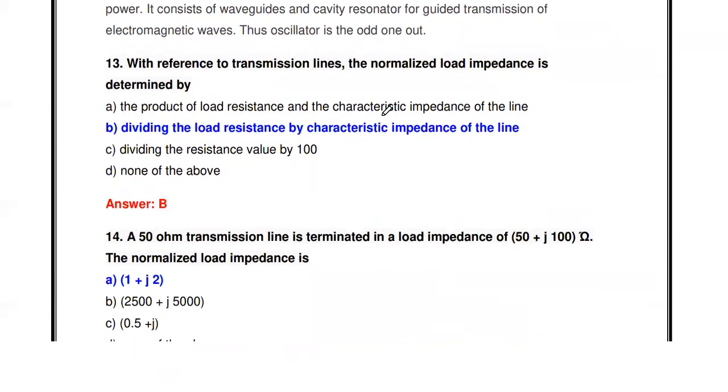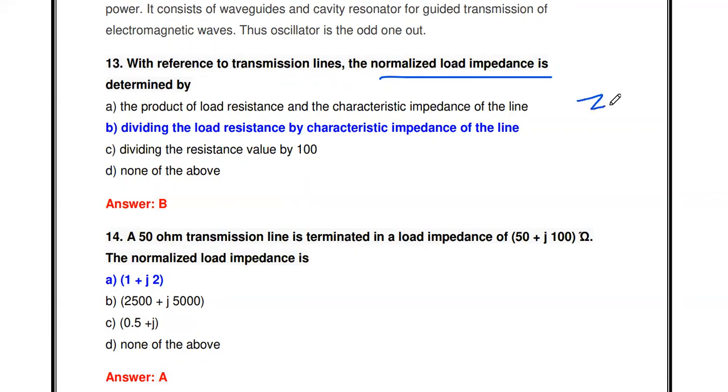Okay. The next one: with reference to transmission line, the normalized load impedance is determined by dash. What is meant by normalized load impedance? The load impedance ZL divided by the characteristic impedance Z0 is said to be the normalized load impedance ZLn. So we have to divide the load impedance by the characteristic impedance of the transmission line.